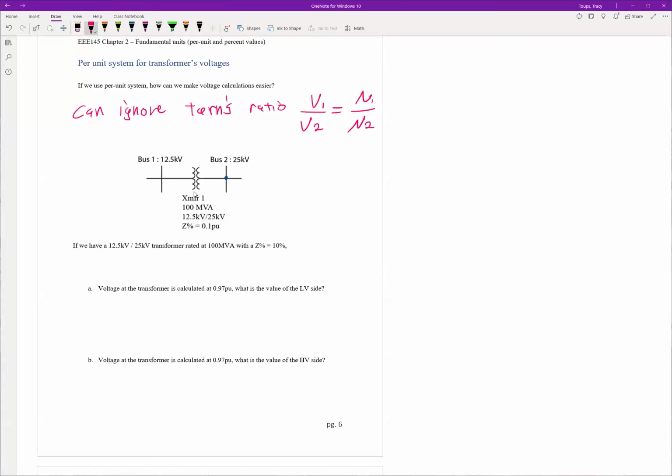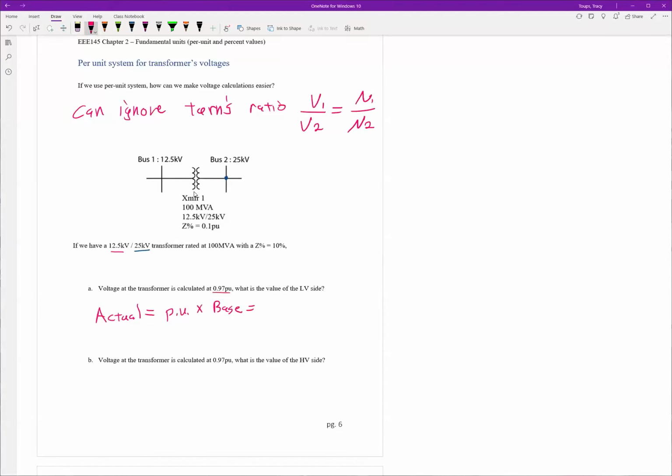Okay. Now, if we have a 12.5 kV to 25 kV transformer rated at 100 MVA with a Z percent of 10%, what is the voltage if I calculate 0.97 per unit on the low voltage side? Well, my actual voltage in volts is always going to be my per unit value measured multiplied by my base value.